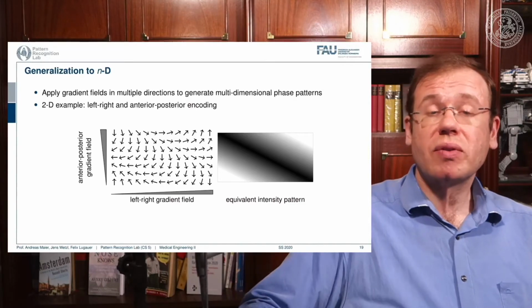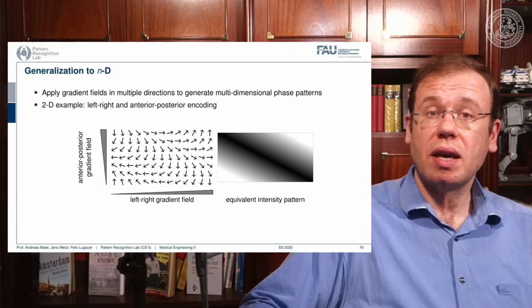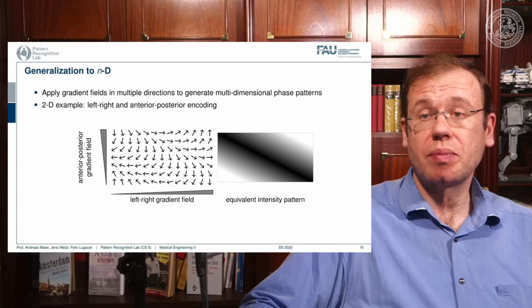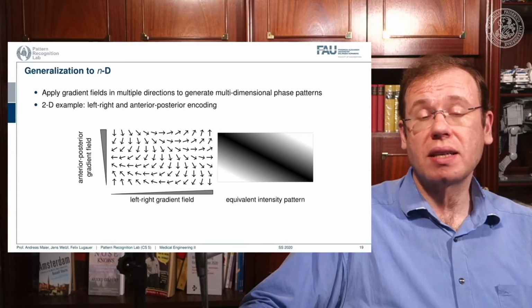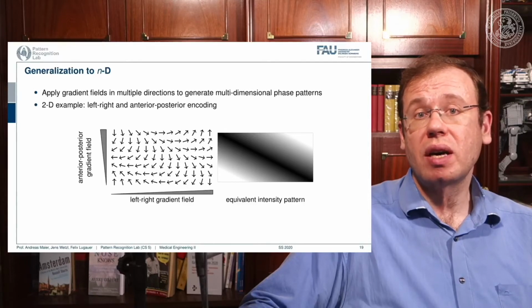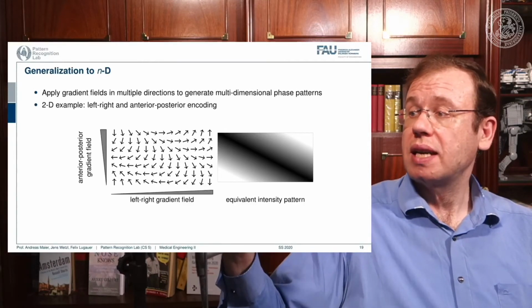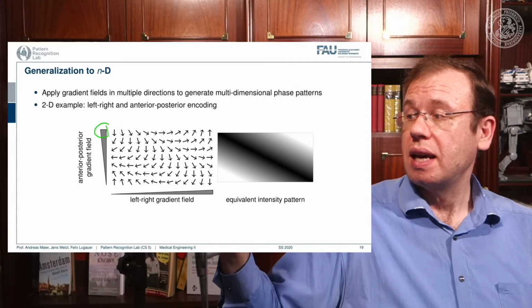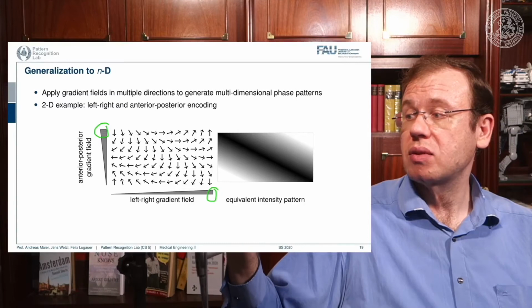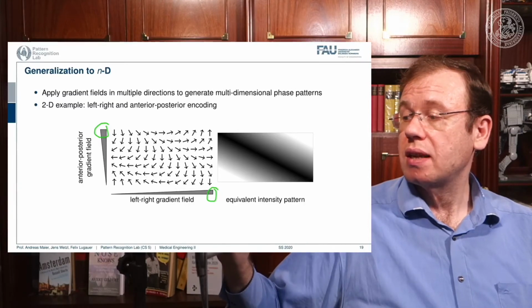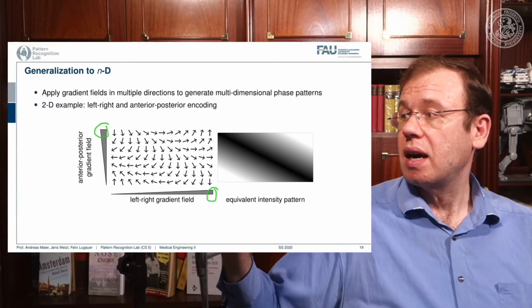Now obviously what we've seen so far is only a 1D example. Now obviously we can also do this kind of gradient orientation with a 2D case. Then you get a gradient in x and y direction, and if you're superimposing these gradients, what you actually end up with is a kind of plane wave.